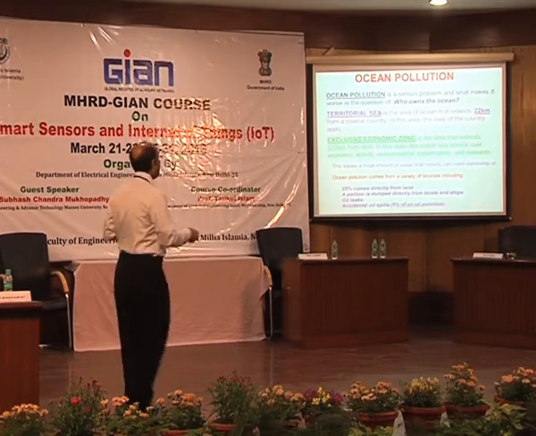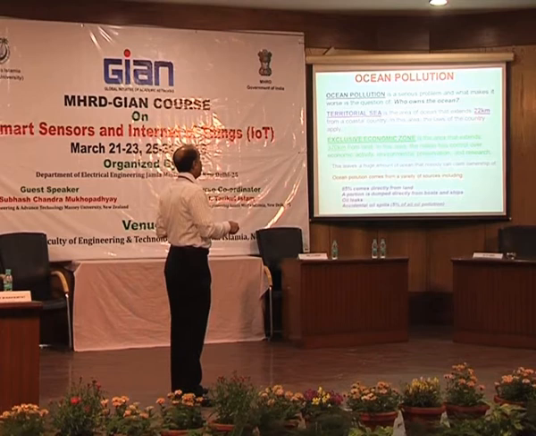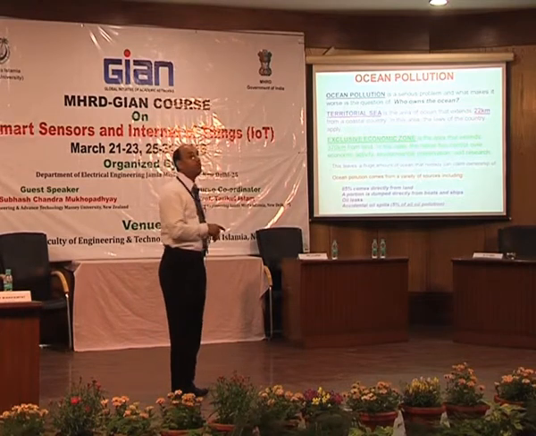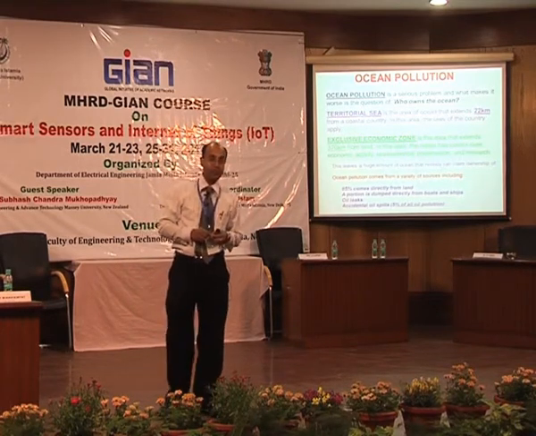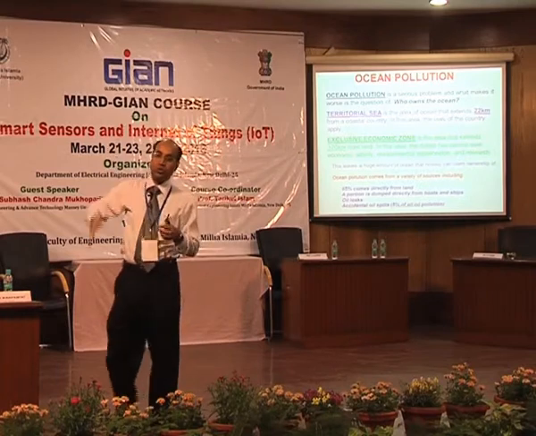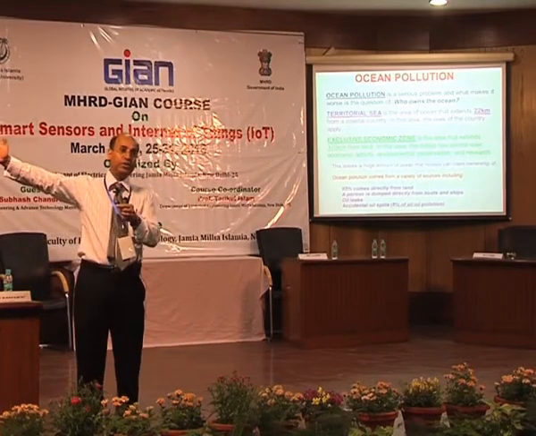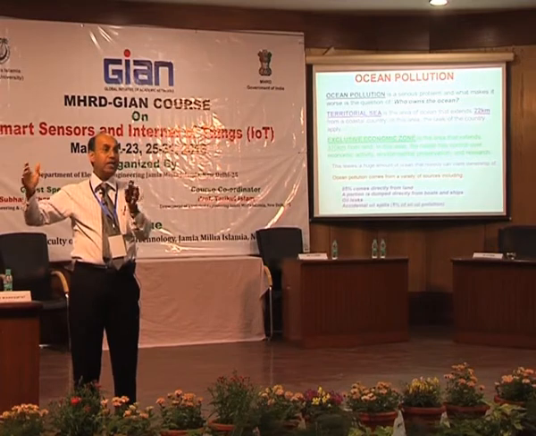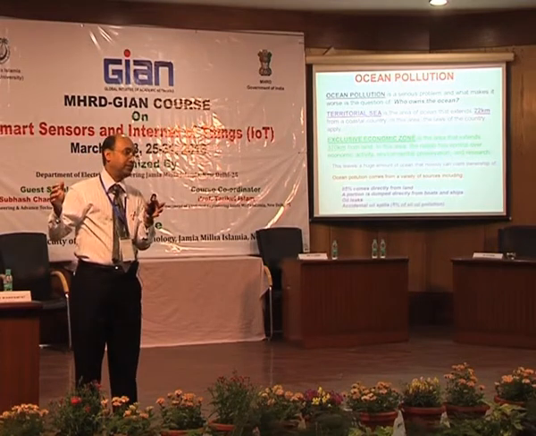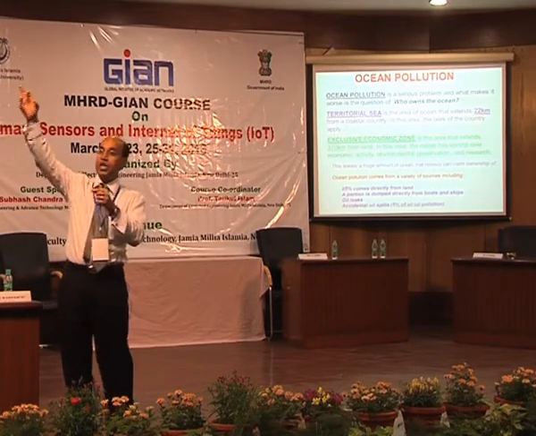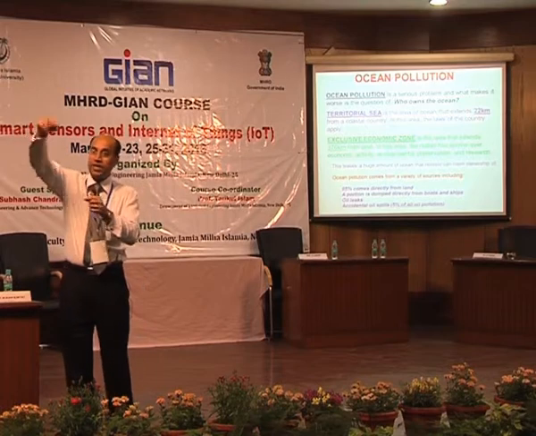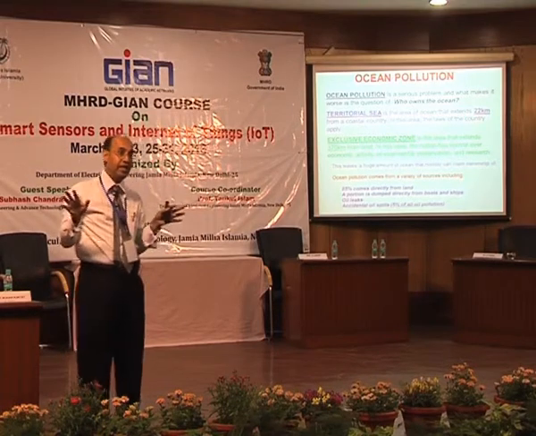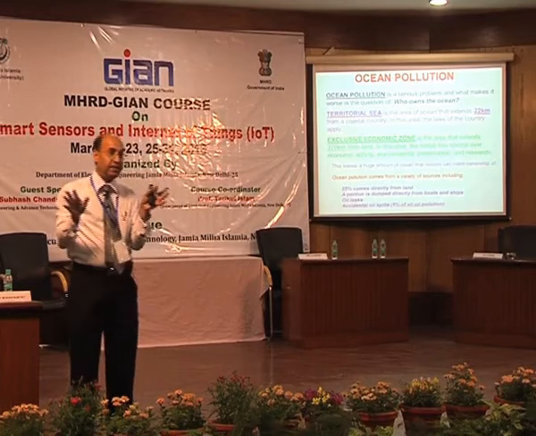So there is a law that if you see the coastal lines, from there to 22 kilometers, that is under the jurisdiction of the country. So India can think of any 22 kilometers of coastal line, that is under India. Nobody can do anything there.